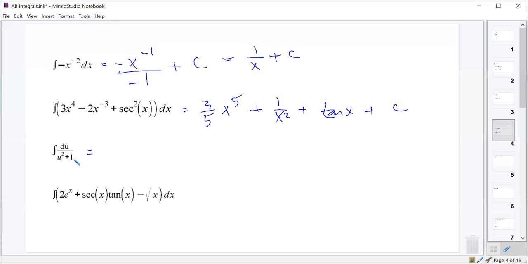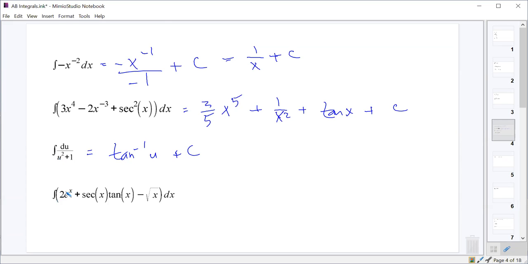Inverse tangent? Inverse sine? Nah, not inverse sine. You were right the first time. Inverse tangent. This is inverse tangent of u plus a constant. Remember, what's the inverse tangent's derivative? It's 1 over x squared plus 1 if it's inverse tangent x, right? Or inverse tangent u is 1 over u squared plus 1. And this is just inverse tangent. So you guys got to memorize all those rules. Make sure you memorize all those rules on that sheet.